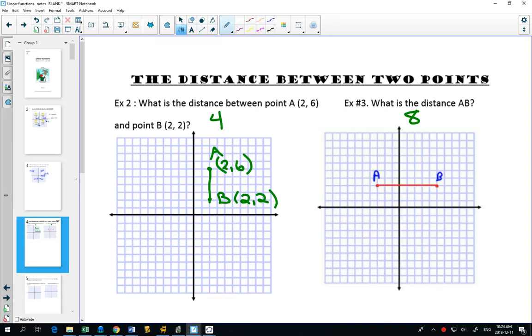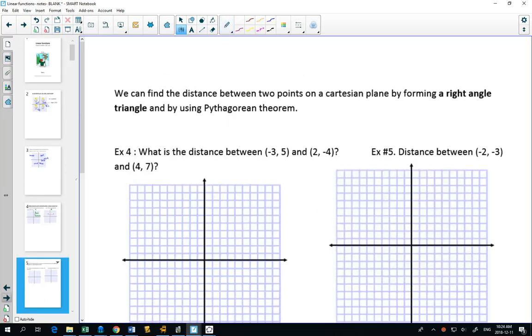So life is nice and simple when things are straight lines and you can just count the spaces in between them. However, I apologize, one of my graphs got scared of the side of the page and jumped on top of the other one. So you'll just have to draw a grid for your second one. You can just draw the axes; you don't have to draw all the lines in there.